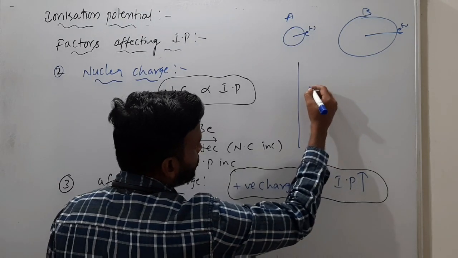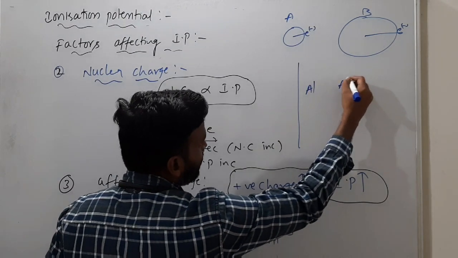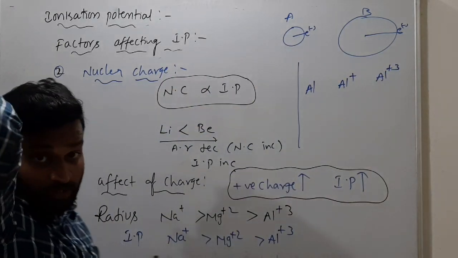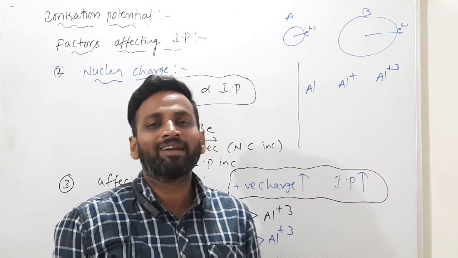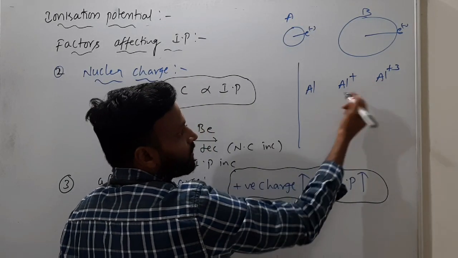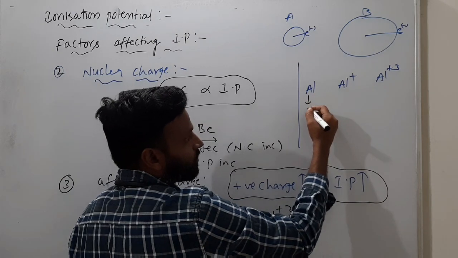One more thing: from Al, Al+ and Al3+, which has more ionization potential, meaning from which can you remove an electron easily? Here the positive charge is more, so you cannot remove an electron easily.